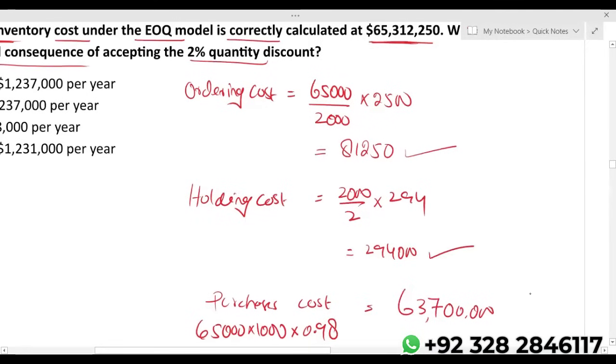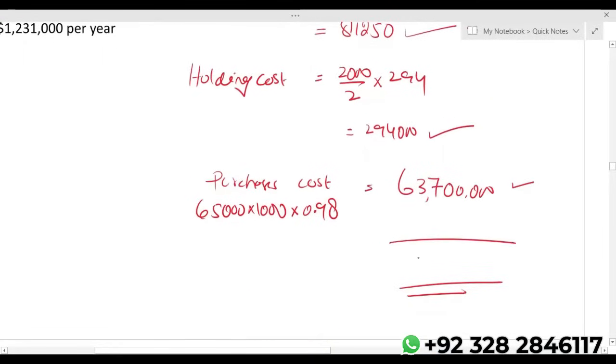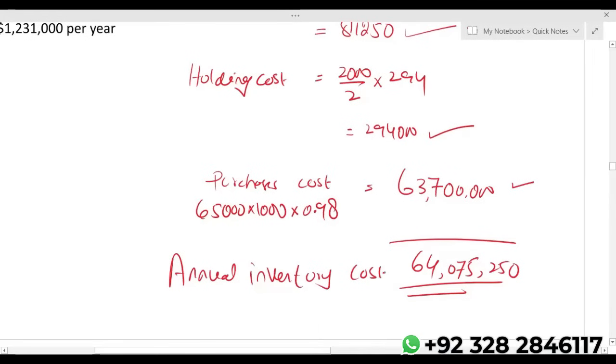Ordering plus holding plus purchases. Let's see, what are we getting? I'm getting 64.07 million, I believe. This will be our annual inventory cost with that discount.